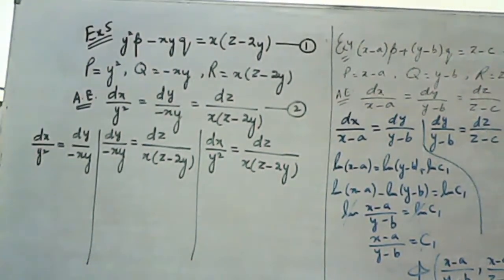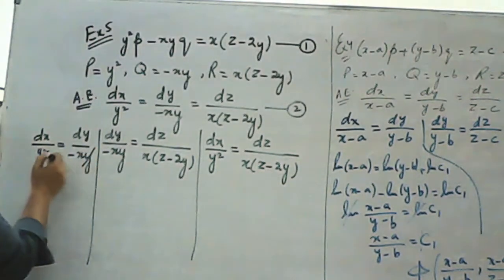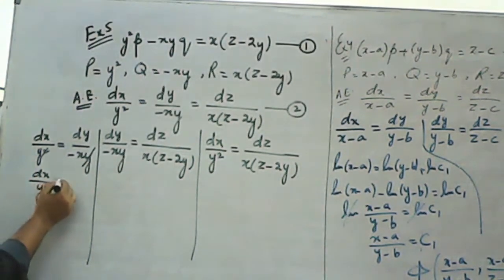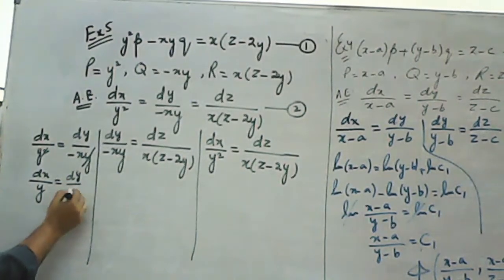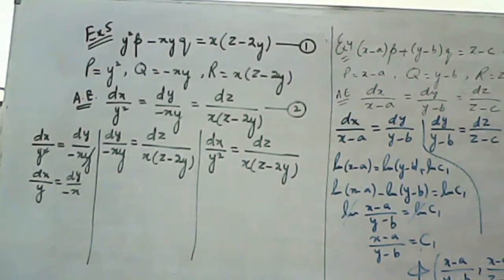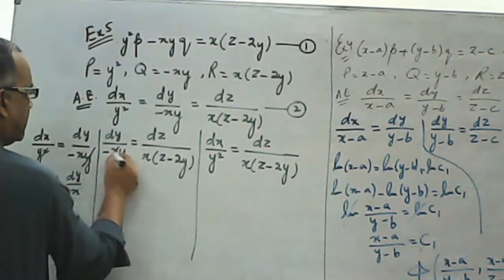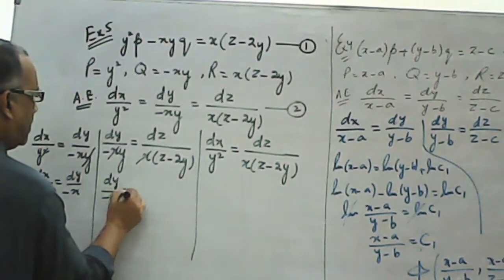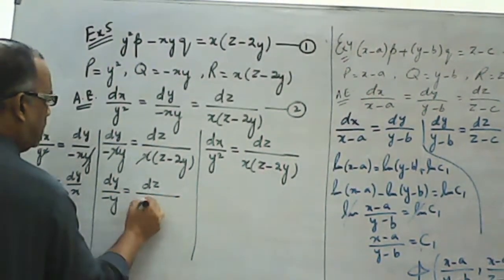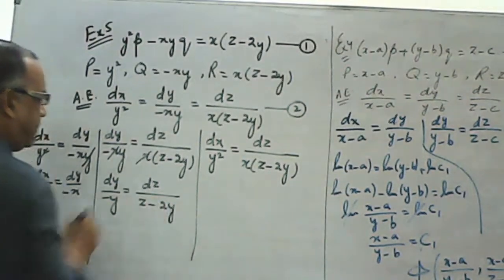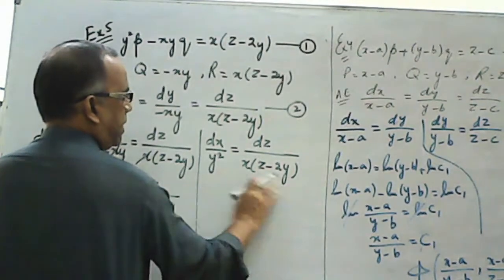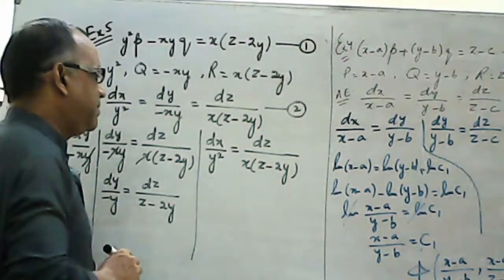Now it's time to check whether any simplification exists or not. I can cancel y with y, so now I have dx over y equal to dy over minus x. Then here I can cancel x with x, so then I have dy over minus y equal to dz over xz minus 2y. Here no possibility of simplification exists.